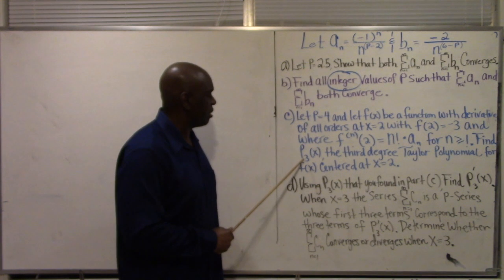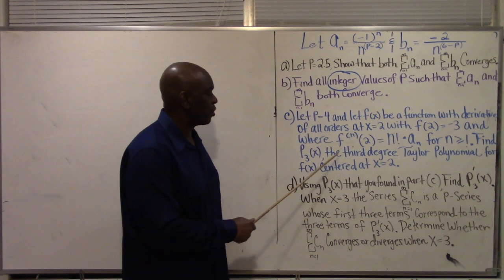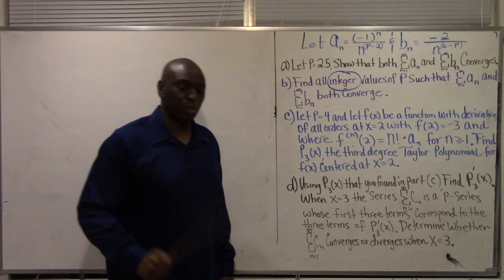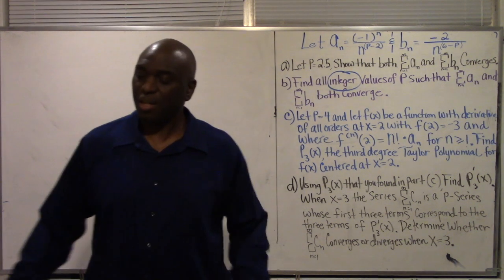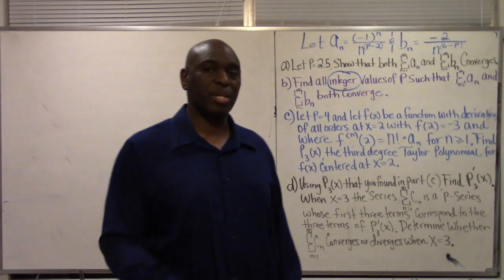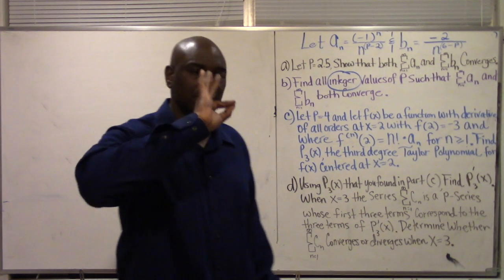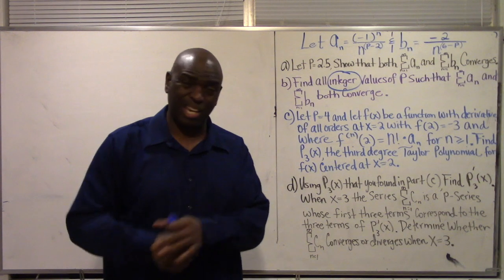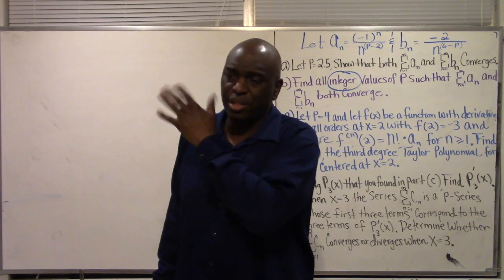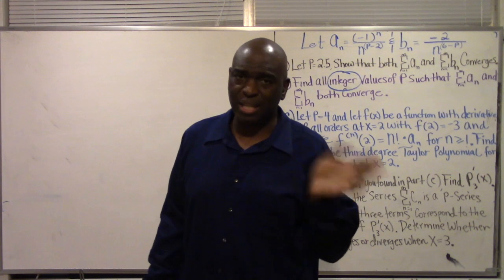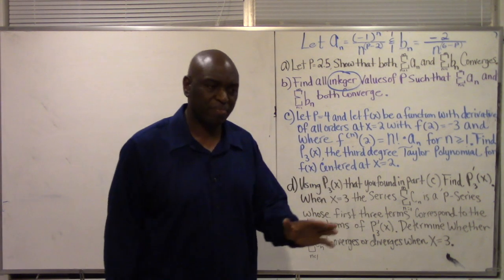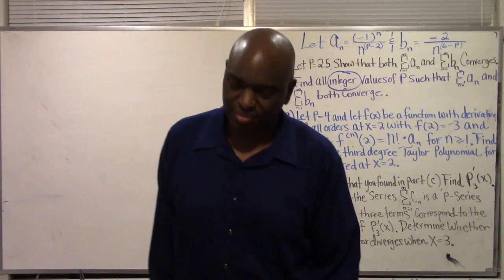Find P3 of x, which is a third-degree Taylor polynomial for f of x, centered at x equals 2. Now, on the AP examination, you read a question like that, and you'll say, okay, I'm done. We were doing pretty good with P series and alternating series and finding convergence. But this right here, okay, next question.